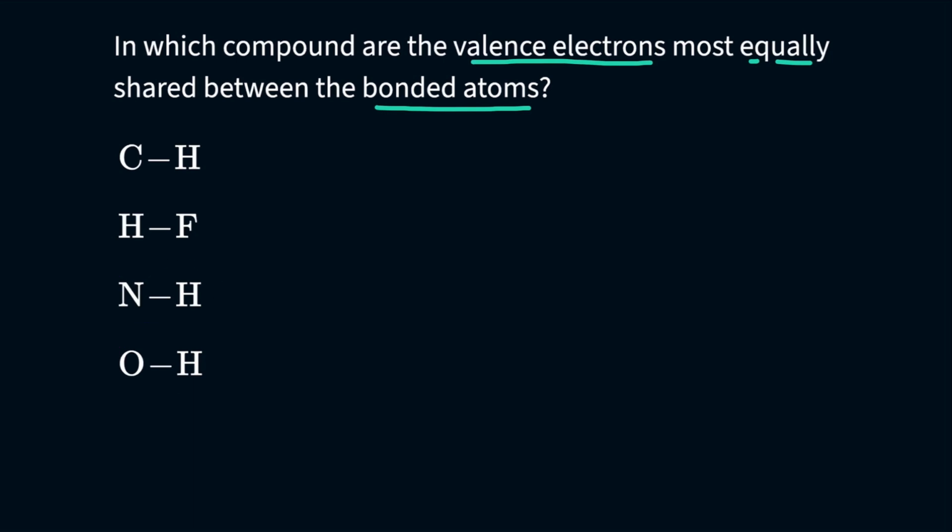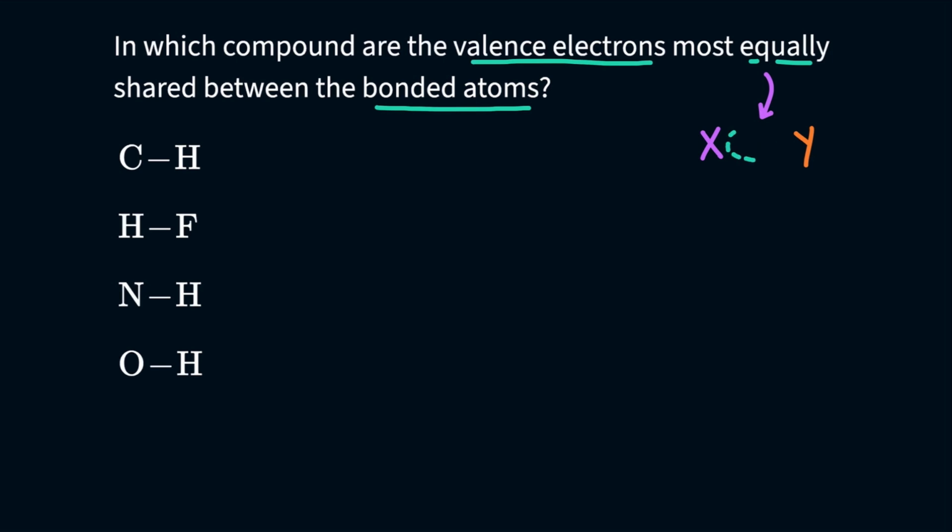Okay, great question. Now, if electrons, specifically valence electrons, because remember, those are the only electrons that are making covalent bonds, if they are the most equally shared, that means that if you have a bond, right? Remember, a single bond is always just 2 electrons.